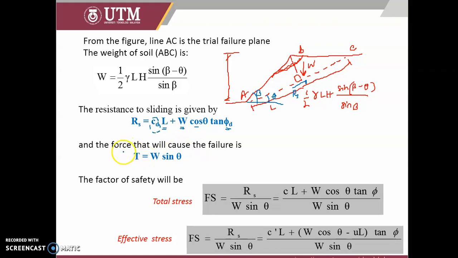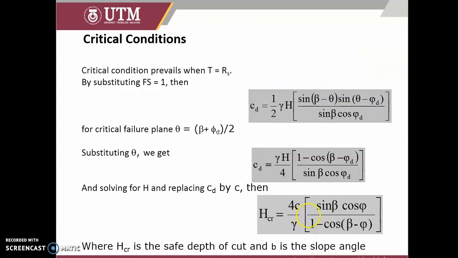The force that will cause the failure is T, a part of the weight: weight times sine theta. So the factor of safety can be defined either in the total stress condition or the effective stress condition, with C prime and the pore water pressure.